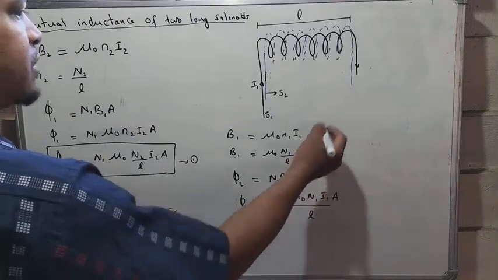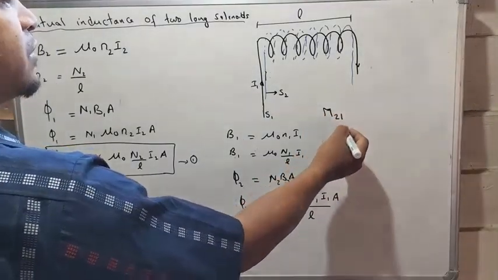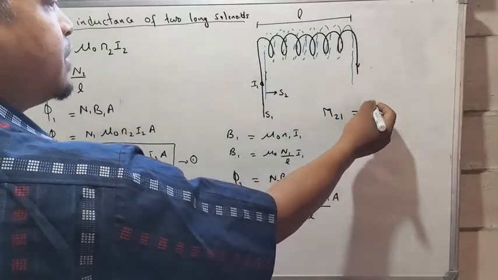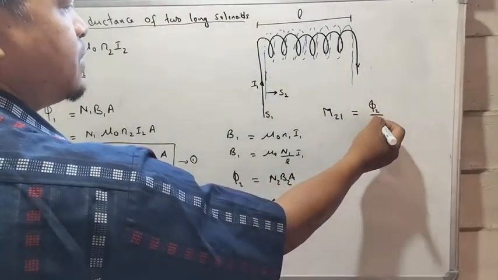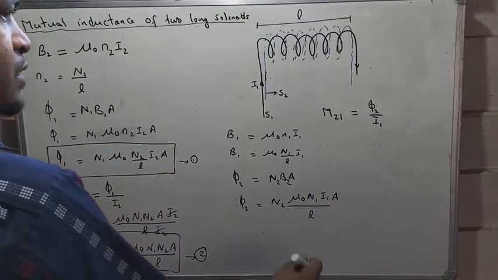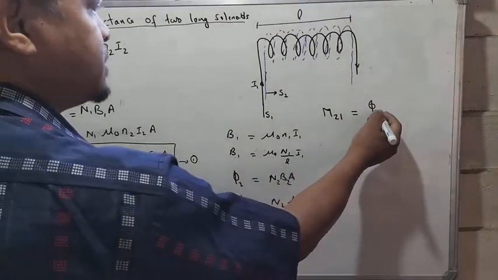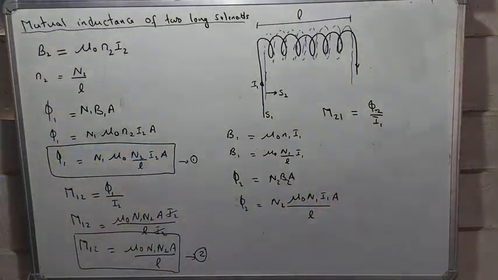If this is the magnetic flux which is linking with the second solenoid, then how much is the mutual inductance? The mutual inductance of the second solenoid with respect to the first solenoid, M21, is equal to phi 2 upon I1.